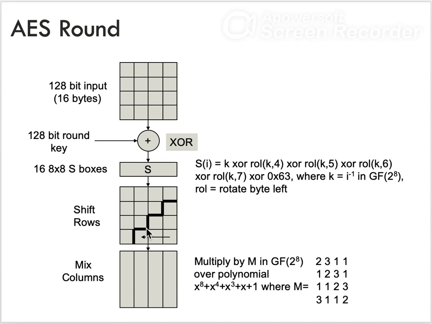I'm not going into the detail of these algorithms because we don't have enough time, but you should at least have a rough idea of which operations each AES round has. So we have exclusive OR, then S box, then shift row, and then mix column. Shift row gives you permutation, S boxes give you substitution, and mix column is again substitution.